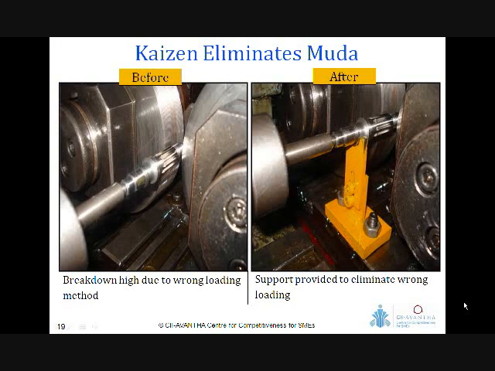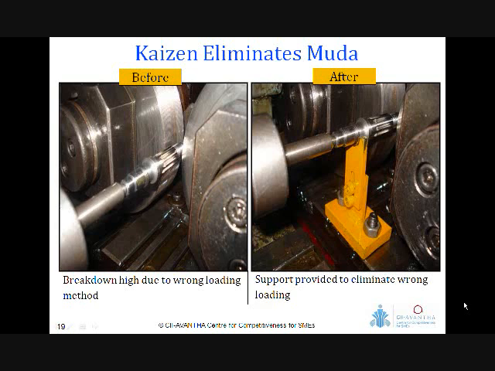Breakdown was high on a rolling machine due to the wrong loading method. It was a skill dependent operation, and if loading was not done properly, it was breaking, and thus the machine has to stop to repair it. A small improvement has been done.